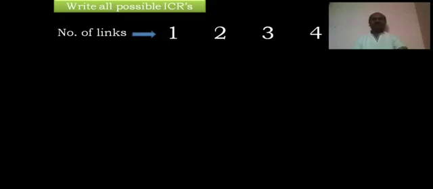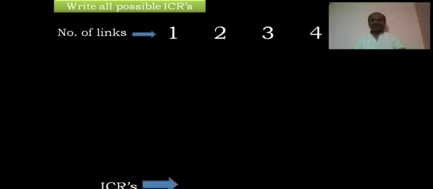We know that an instantaneous center is nothing but a pair of linkages in the mechanism. So if I want to show all ICRs, I need to write down all combinations of these 4 linkages.